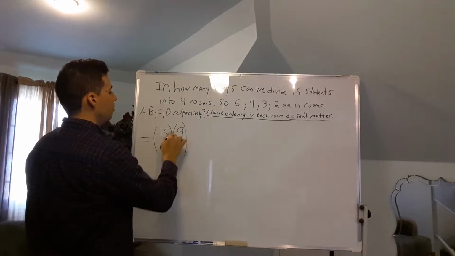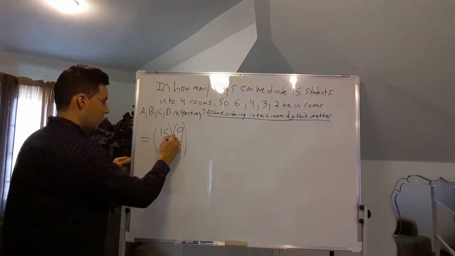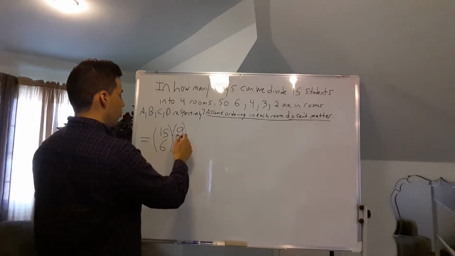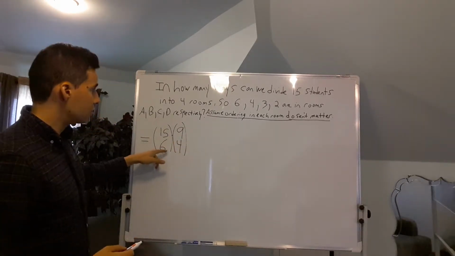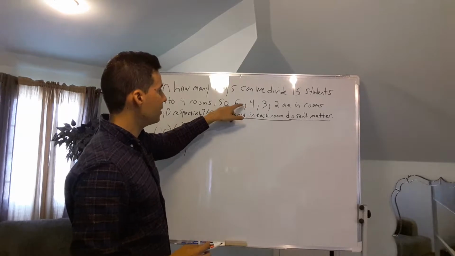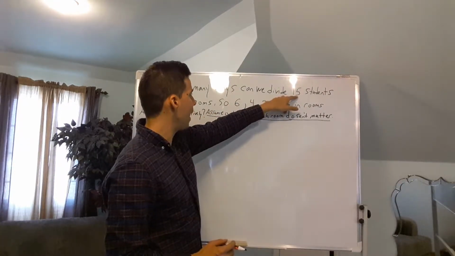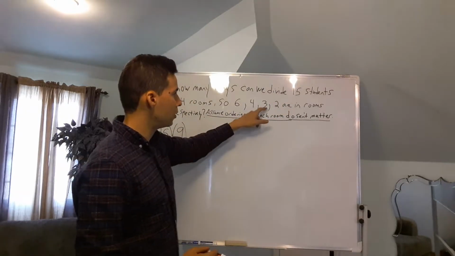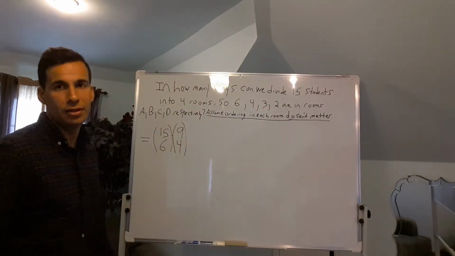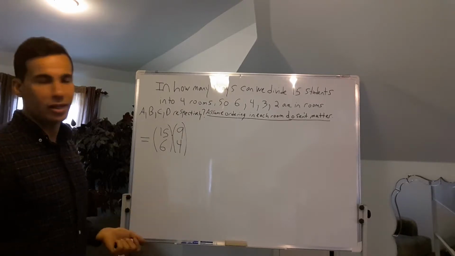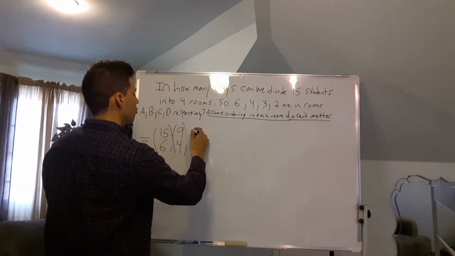Okay, and now we multiply this because of the multiplication principle. We picked 4, we picked 6. We picked 10 students already. We had 15 students, so we have only 5 students left, and we're going to pick any 3 students out of the 5 that are left. That's 5 choose 3.